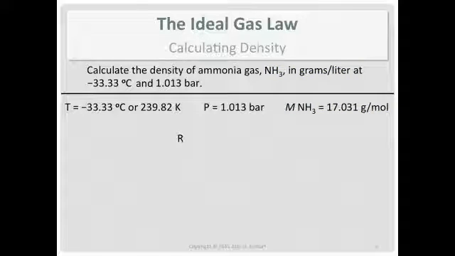Now, as for the value of R, I'm going to use this one. I give my students 3 values of R, 1 in torr, 1 in atmospheres, 1 in bar. And so I'm going to choose the one with bar in it because of the pressure units.